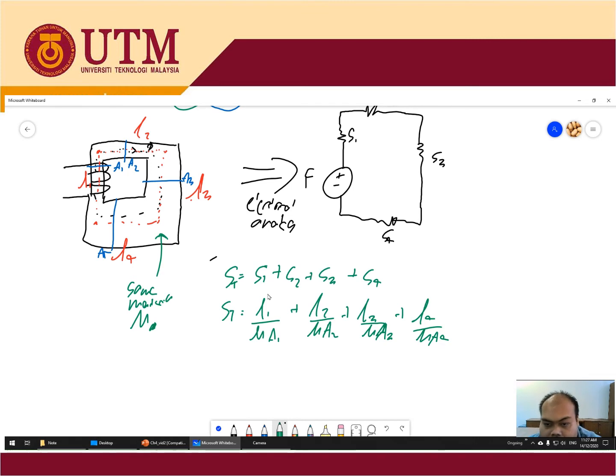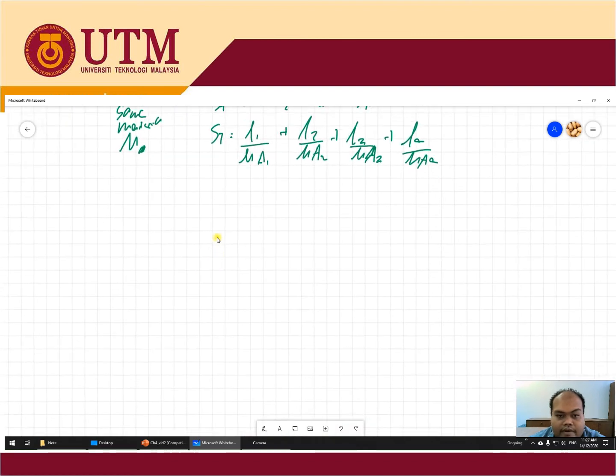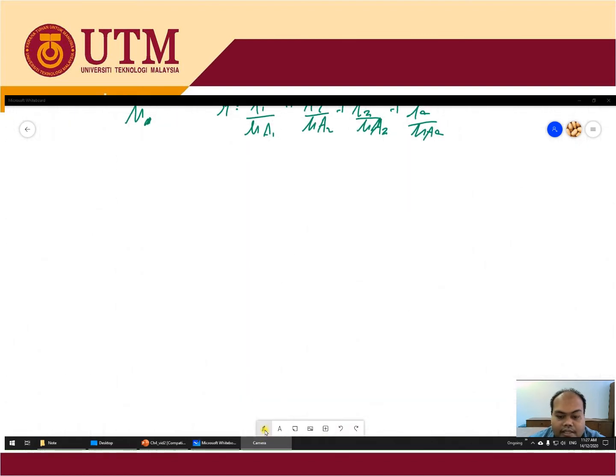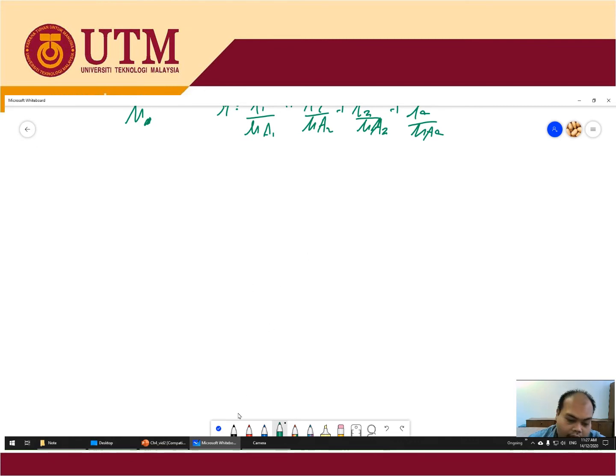So you can see here, you have to add everything with different dimensions. How about different material? If different material, for example, I have, maybe this one.